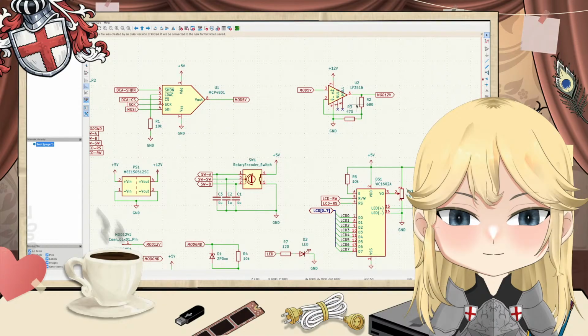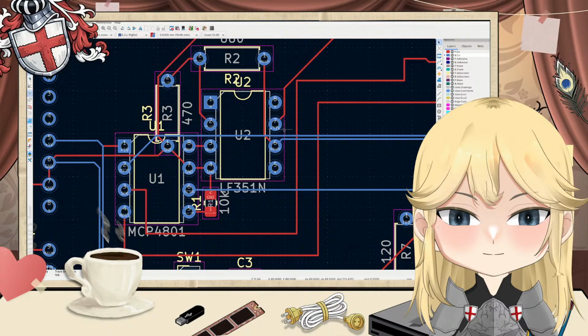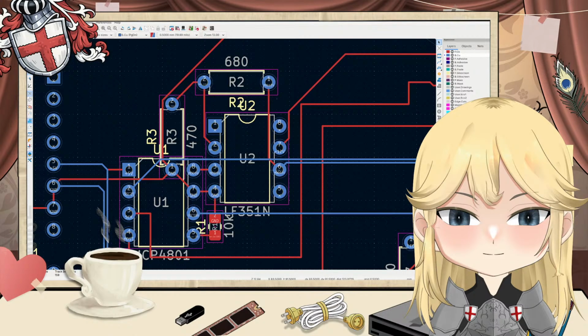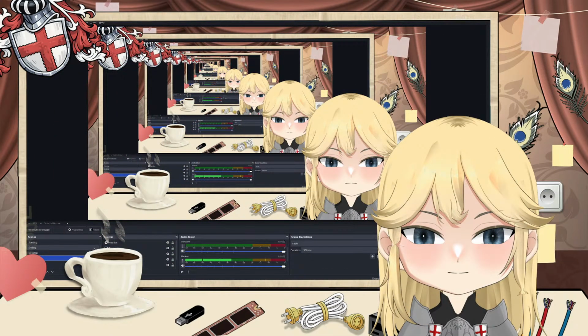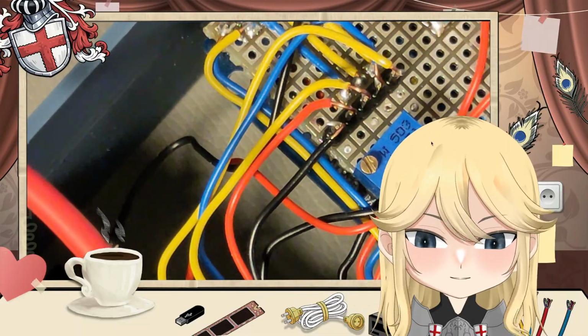So then we have 680 to this pin, which means mod 12 to this pin. Okay, back to the camera. Bro, my model isn't tracking. Why is no one telling me these things? There we go.